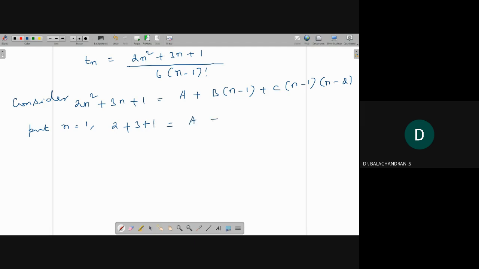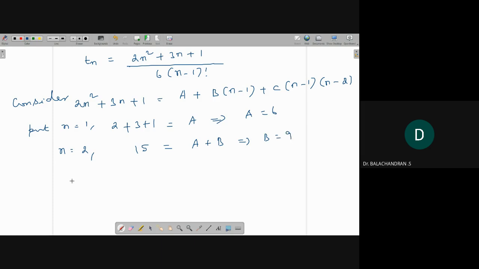This implies a equal to 6. Now substitute n equal to 2. This is 4 into 2, 8, 8 plus 6 is 14, 14 plus 1 is 15. 15 equal to a plus b. We know that a is 6, so b is 9.